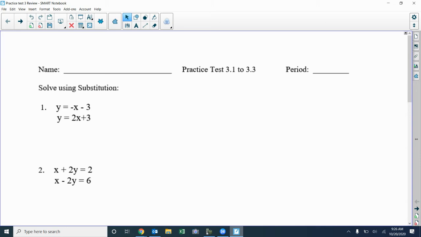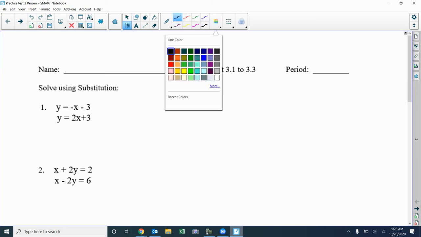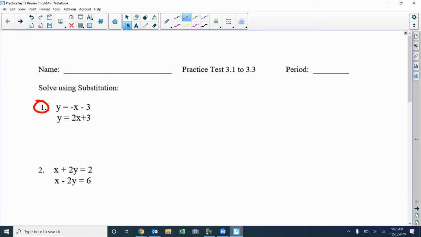Now, this first one is nice and set up for us because they're both already solved for Y. So basically what we need to do here is take negative X minus 3, set it equal to 2X plus 3, because that would be Y equals Y, wouldn't it? You can go about it any different way you want.